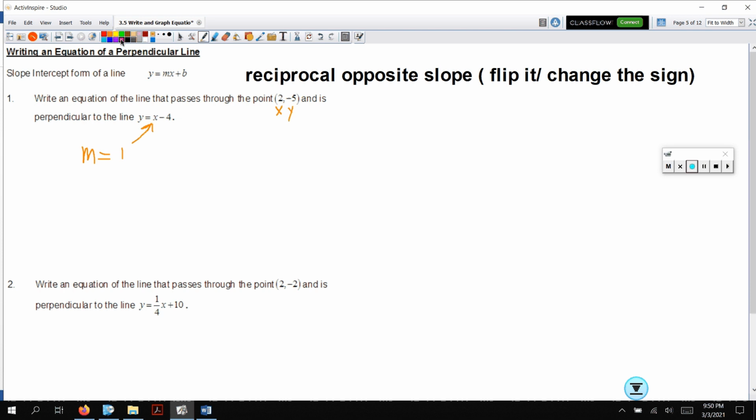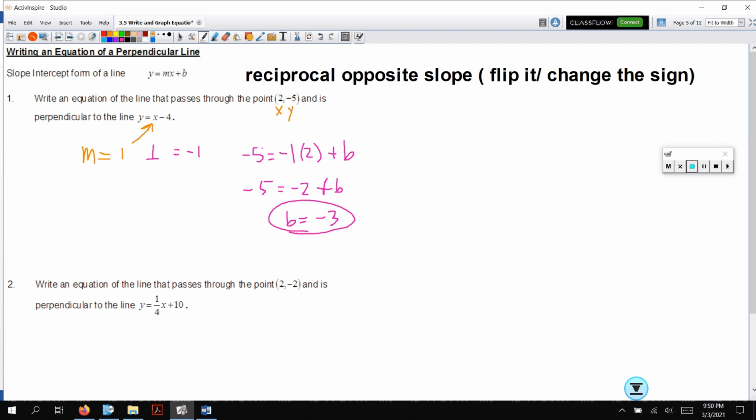So perpendicular to that is -1. So I plug in my y, -5 equals my slope, which is perpendicular, -1 times 2 plus b. I get -5 equals -2 plus b, add 2 to both sides, and b equals -3.